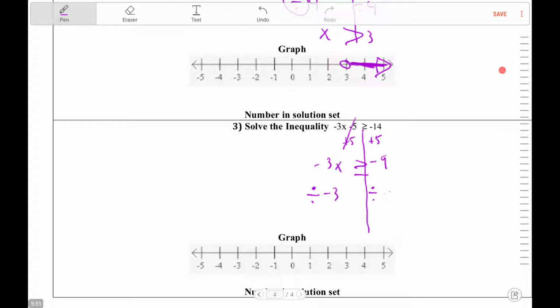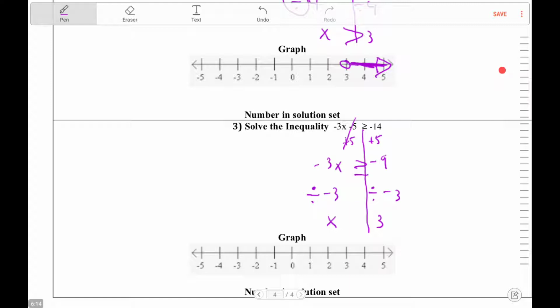On both sides. Okay, negative 9 divided by negative 3, that's going to be a positive 3. And now, what's negative 3x divided by negative 3? That is positive x. Okay, does the sign change?